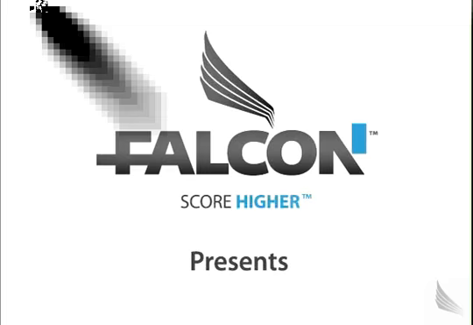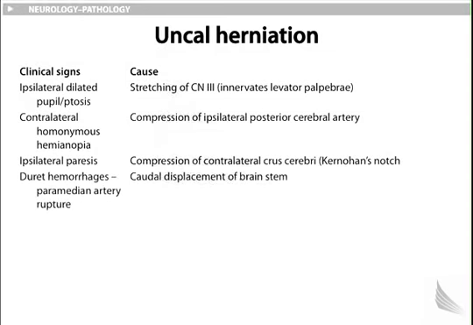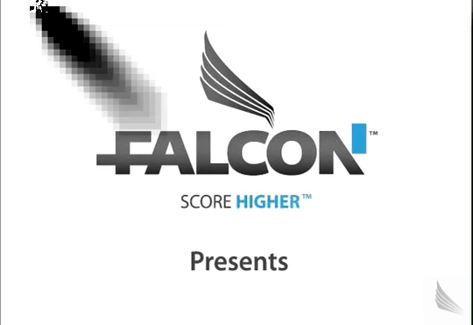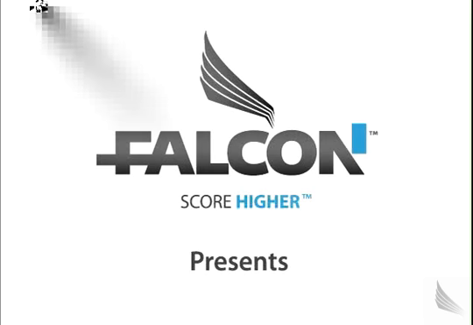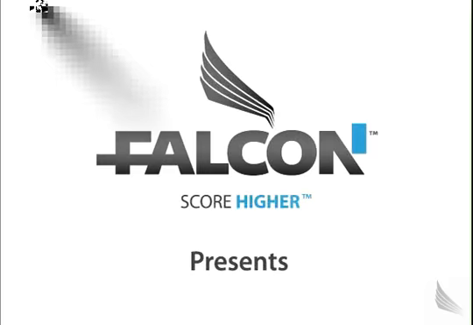There is also a contralateral homonymous hemianopia caused by compression of the ipsilateral posterior cerebral artery, causing an infarction in the occipital cortex. In addition, ipsilateral paresis is found. This is caused by compression of the contralateral crus cerebri. This is also known as Kernohan's notch, and this is also given the moniker of a false localizing sign.